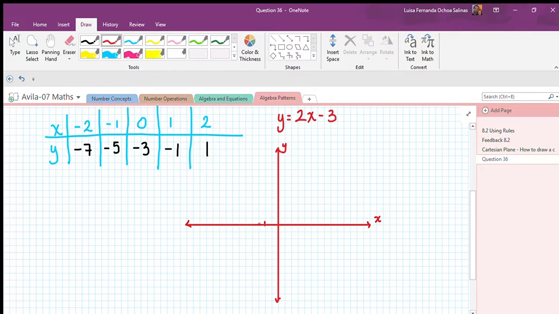So this one is going to be -1, -2. And this one is +1, and this one is +2. And down in y, each square is going to be 1. So if I go down 1, 2, 3, 4, 5, I can say that this one is -5, and 6, 7, 8, 9, 10. This one is going to be -10.